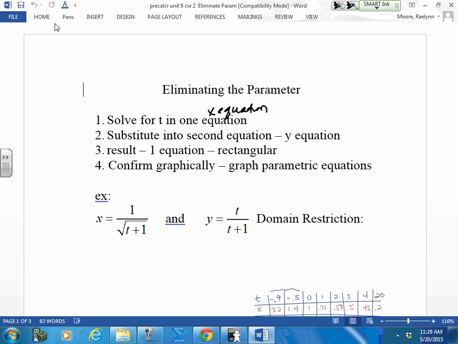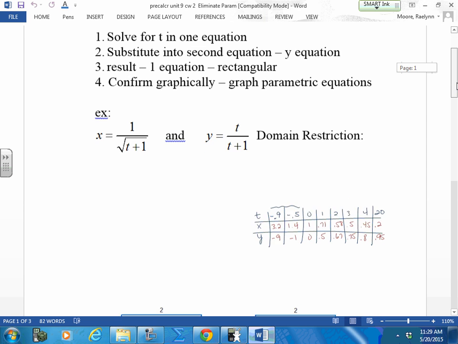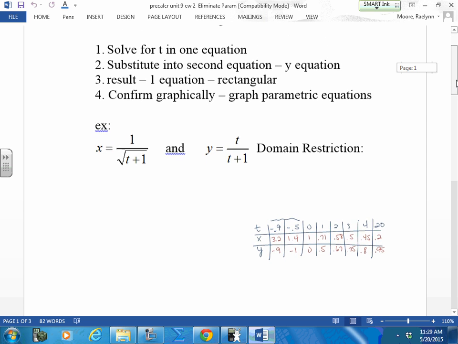And that's going to give you one equation that we call the rectangular equation. We confirm these on your graphs, and we can confirm it with your rectangular equation.